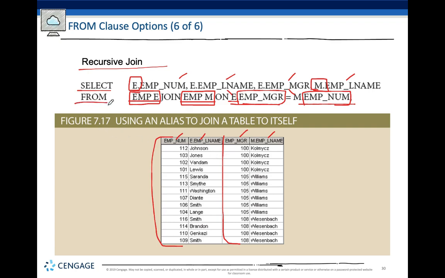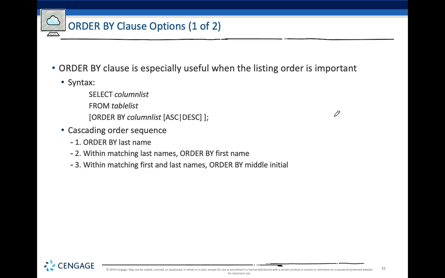So again, pay attention to the syntax, particularly the use of employee E join employee M. And what are we joining on? We want the E dot emp manager, meaning the emp manager field in the employee table, to be the same as the M dot emp number field. Okay. So that's a recursive join.